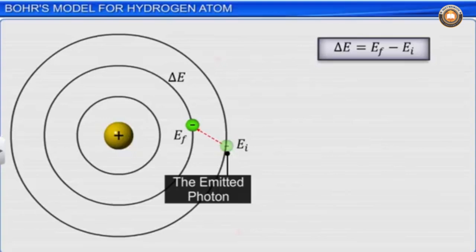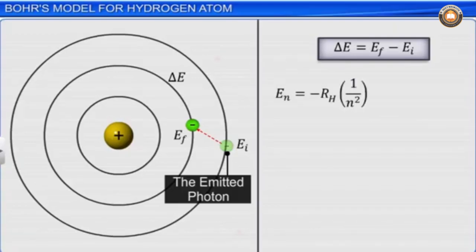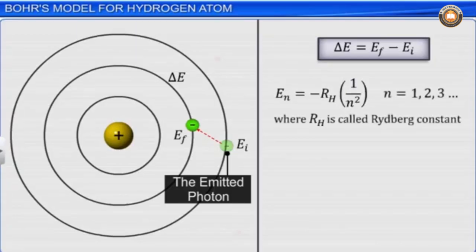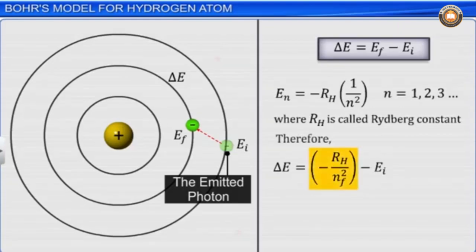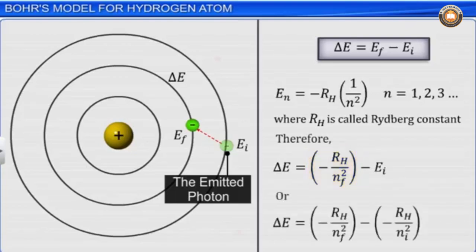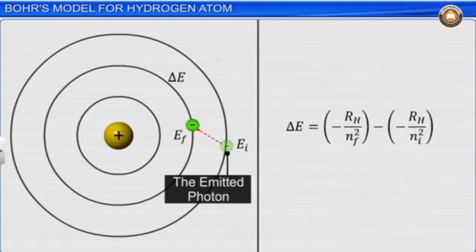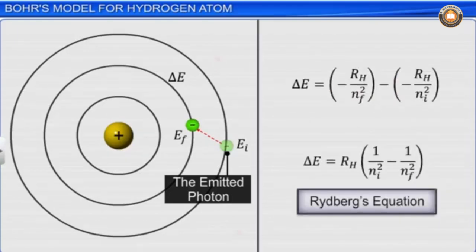Since the energy of a stationary state is given by the equation En is equal to minus Rydberg's constant multiplied by 1 divided by n square, we can substitute E final in the energy change equation by minus RH divided by n final square and E initial by minus RH divided by n initial square to get an equation similar to the expression used by Rydberg.